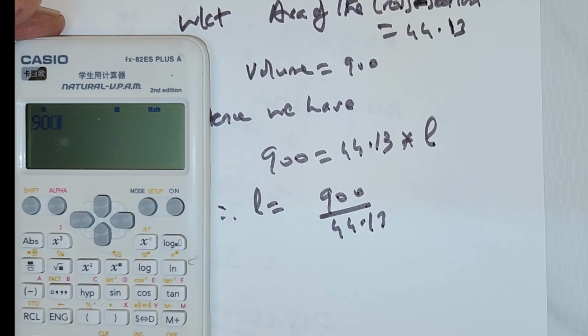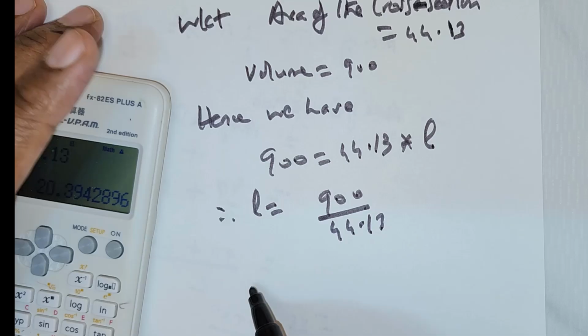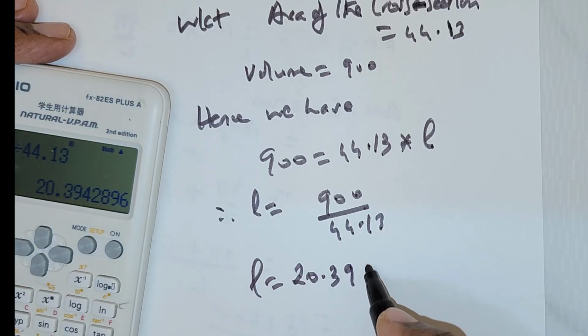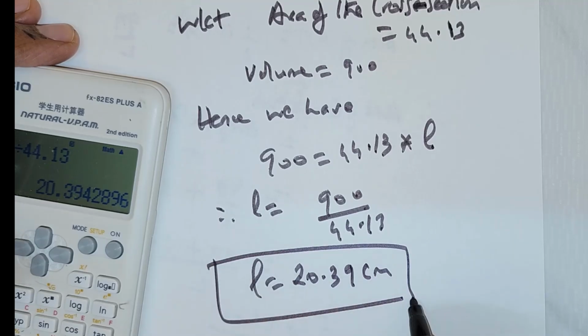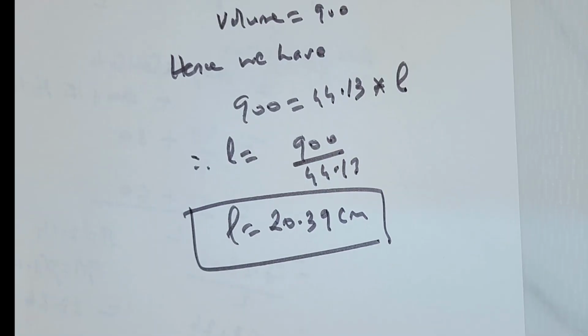So 900 divided by 44.13, 20.39. L is 20.39 cm. Okay, so this should be the value for L.